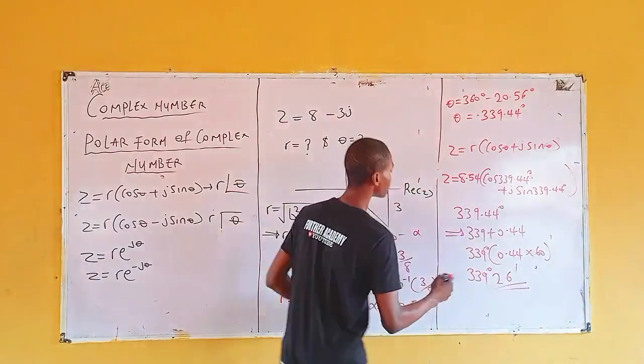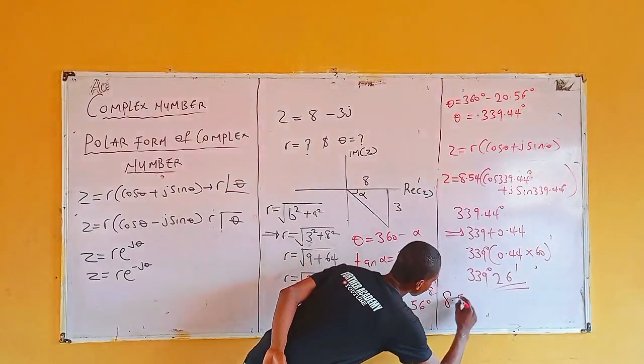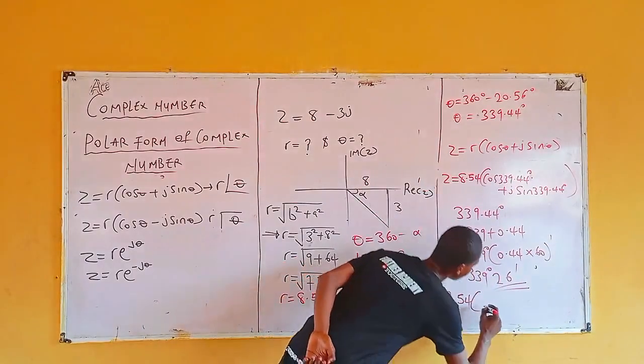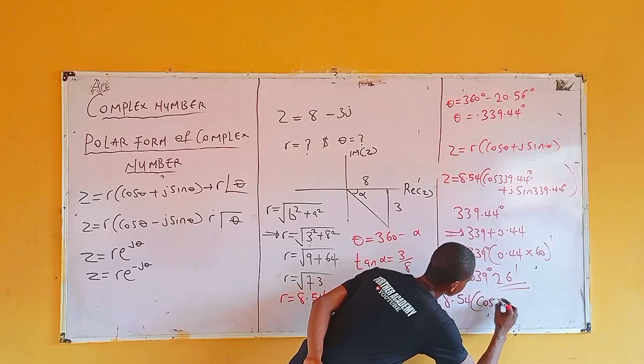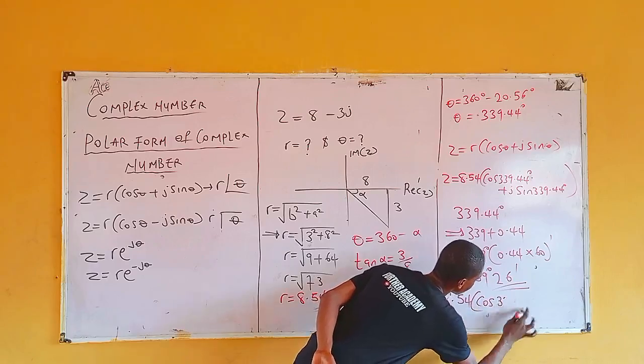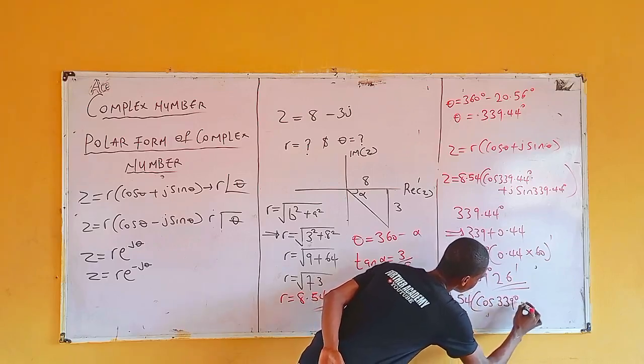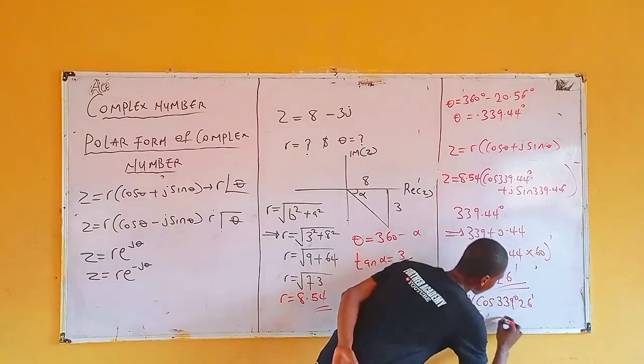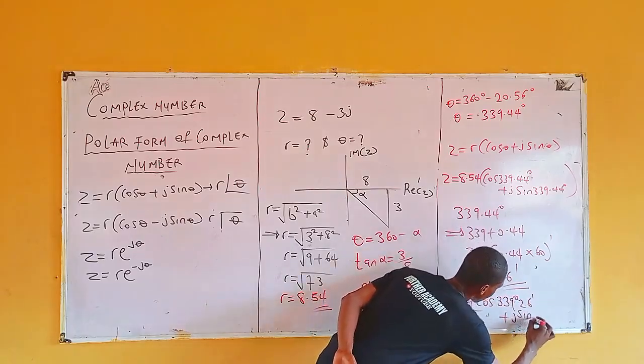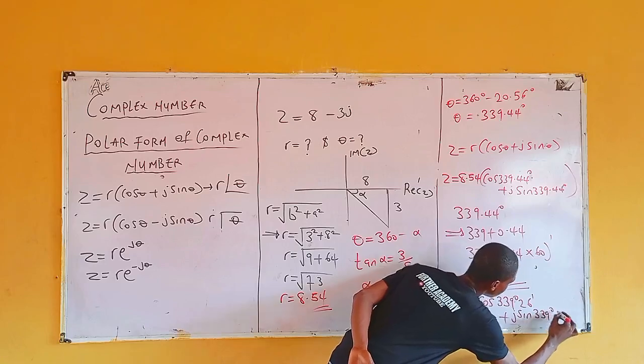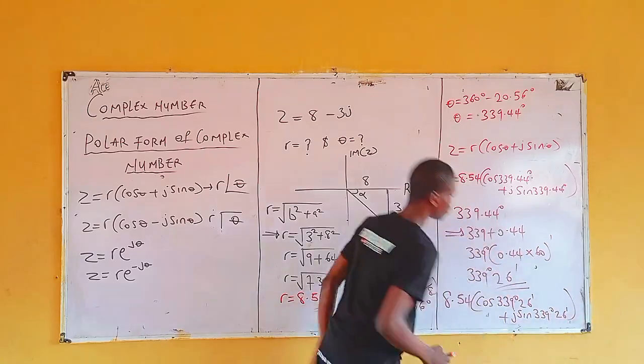So your final answer becomes 8.54 all into bracket cos 339 degrees 26 minutes plus j sin 339 degrees 26 minutes. So you are done.